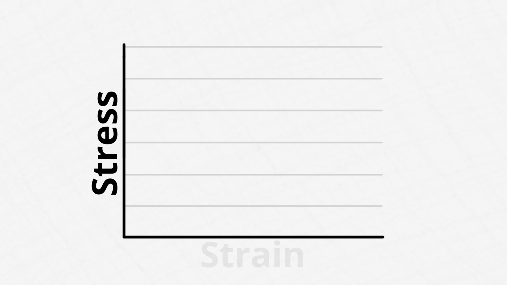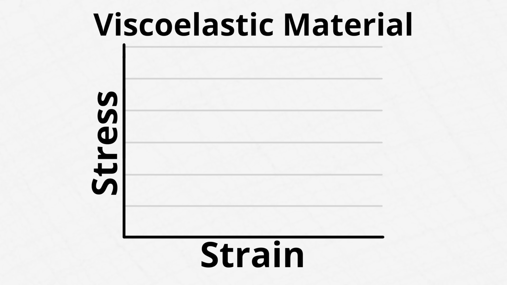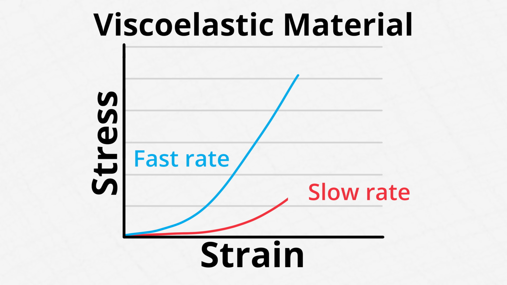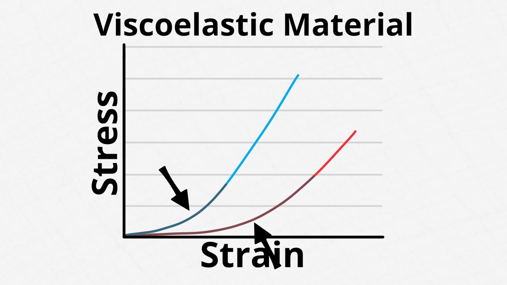We can see this effect quite clearly in the stress-strain diagram of a viscoelastic material. Let's draw two different lines, one based on straining a material at a fast rate, and the other based on straining the material at a slow rate. You'll notice that both lines have a curved region followed by a linear region.